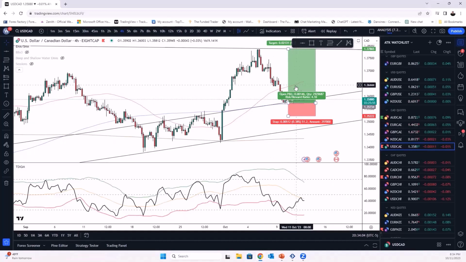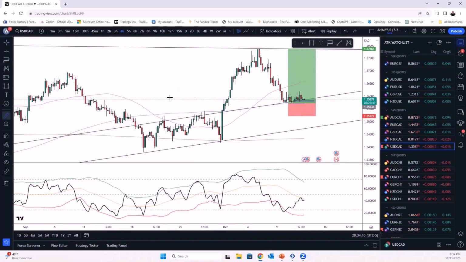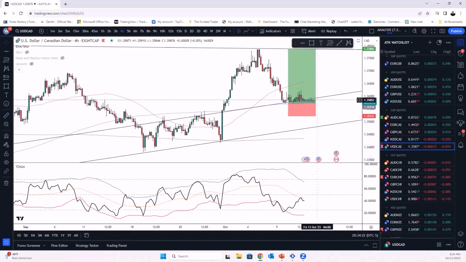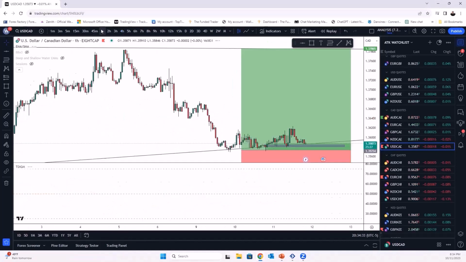So for instance, this 50 MA that's standing right here could be acting as resistance. And so is there at least 30 pips of running room before we encounter resistance? And that 50 is up about 70, 80 pips away. So yes, we do have running room. It's with the trend, and we do have running room where we can make profit before resistance hits us and we start going backwards.